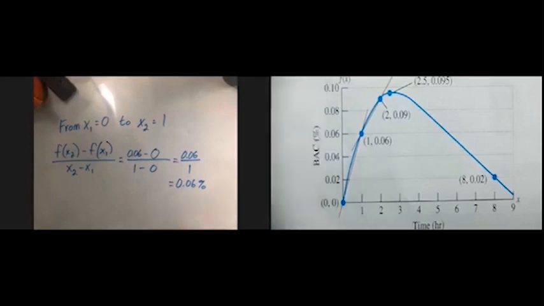Percent per hour. Y's over X's per hour, because the top, the Y coordinates were in percents, and the X coordinates along the bottom were in hours. Percent over hour is literally percent per hour.